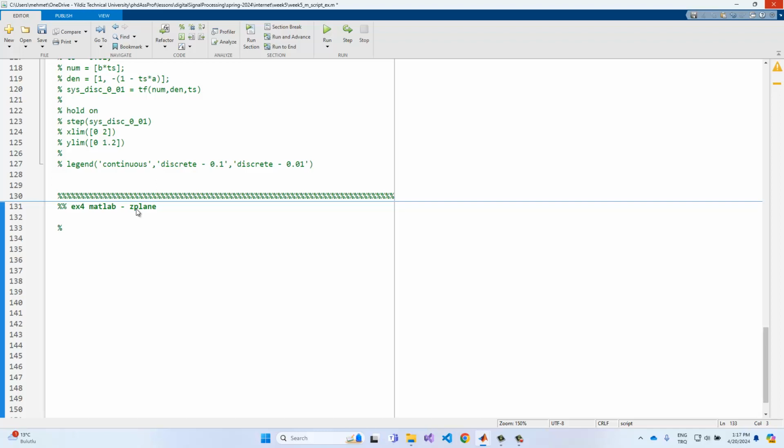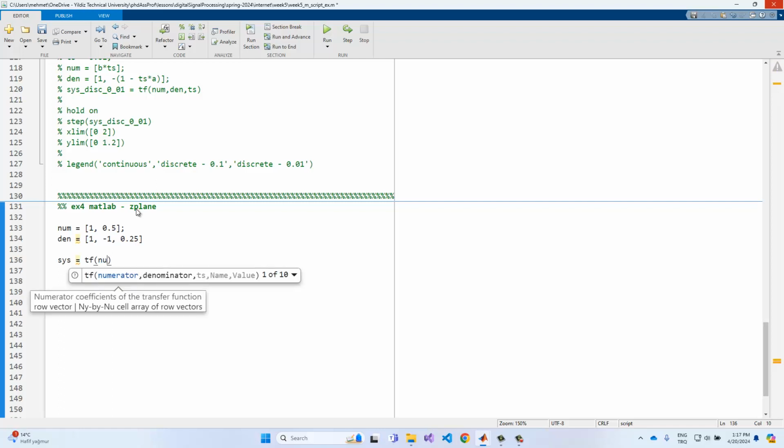Okay, and so firstly we need to define the num values in here, just like this one, 1 and 0.5, and then the den is 1, minus 1 and 0.25. Okay, and so this is the system in Z, right?